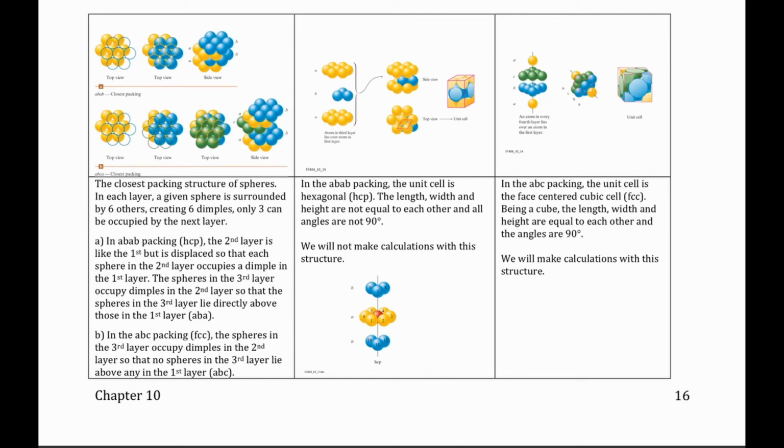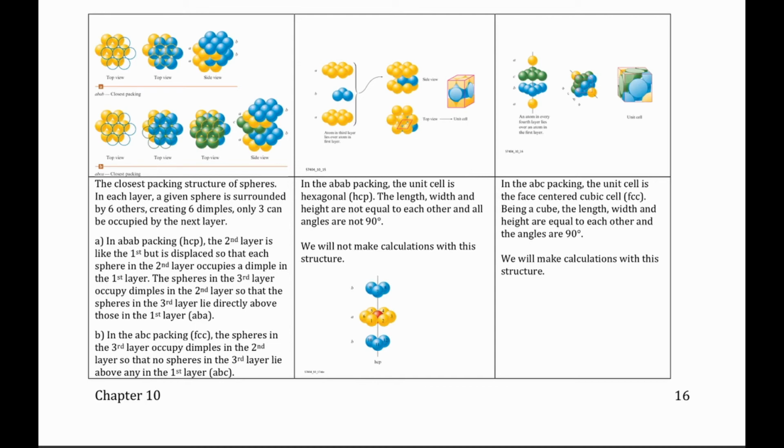So closest packing, we have that shown as the 2 different situations. The hexagonal closest packing, that's the upper row, and then the cubic closest packing, the FCC, that's the lower row. And we're in the first column, the closest packing structure of spheres. So those are the 2 possibilities.